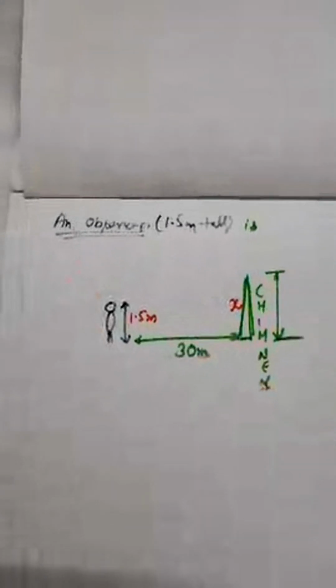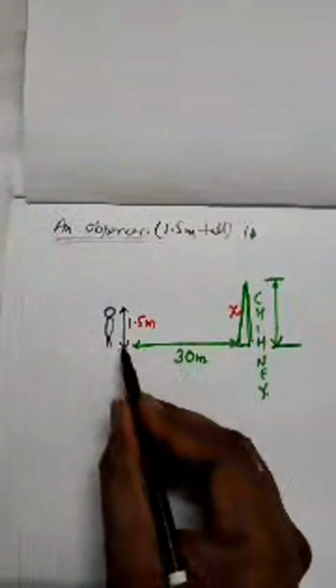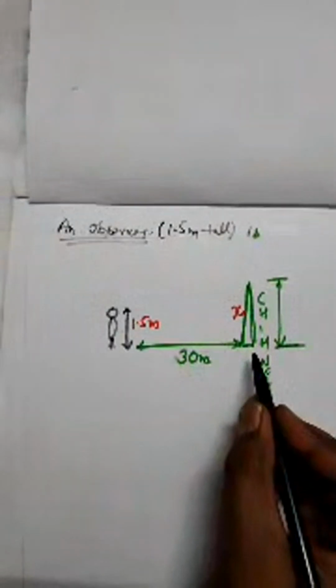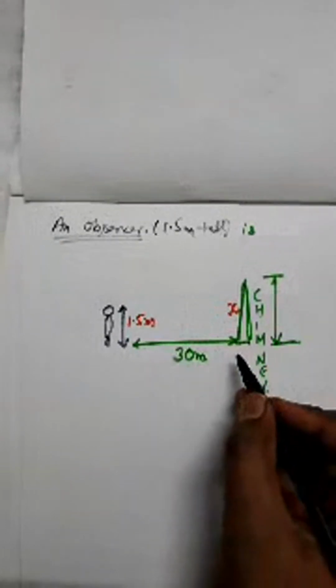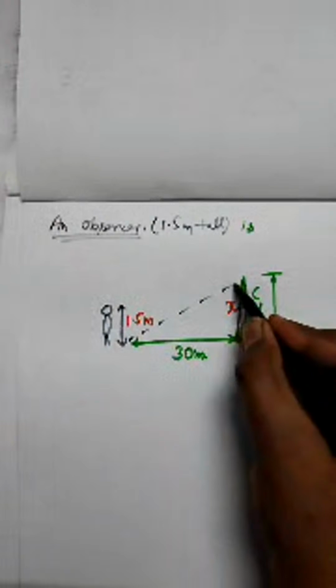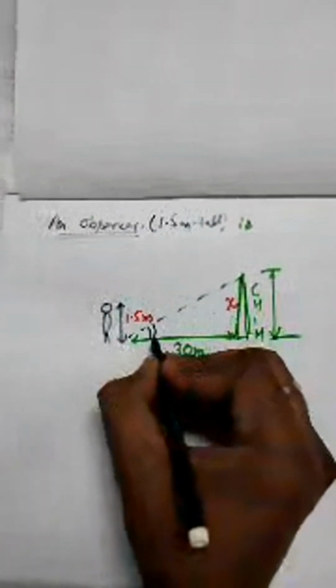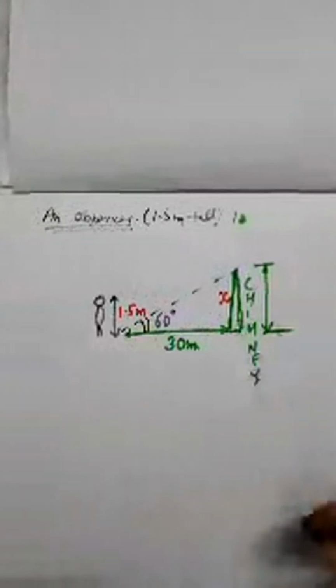An observer 1.5 meter tall is 30 meter away from a chimney, and the angle of elevation of the top of chimney from his eye is 60 degree. So here it's given, it's 60 degree. And we need to calculate the height of the chimney.